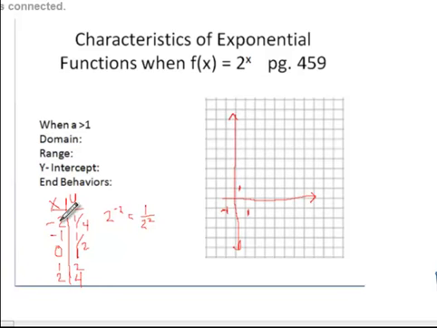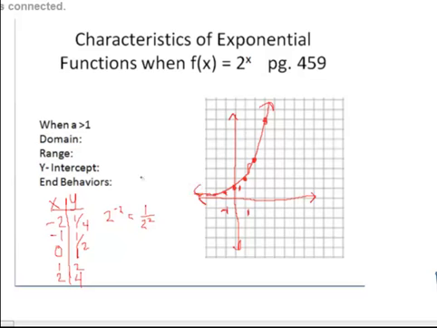Our very first point that I'm going to graph is negative 2 and then 1/4. So I'm sitting at something right about there. Negative 1, 1/2. And then this, of course, is going to exponentially grow pretty quickly. So I have a graph. Oh, whoops. That looks something like this.